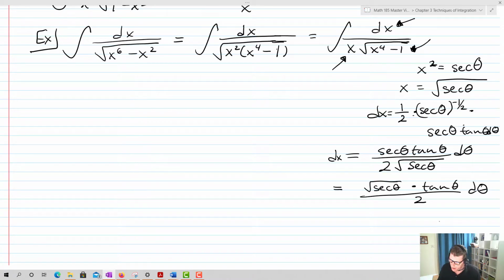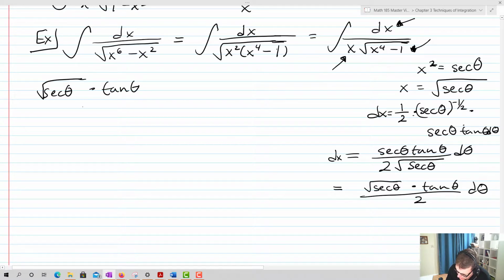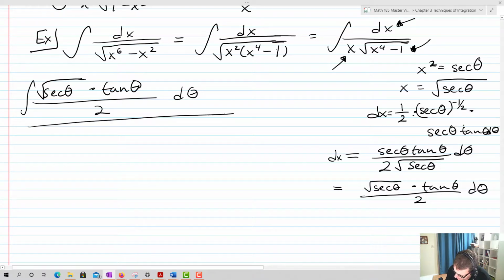So now I plug in my values. dx is the square root of secant theta times tangent theta divided by 2 d theta, and remember this is going to be divided by the square root of secant theta times the square root of secant squared theta minus 1.